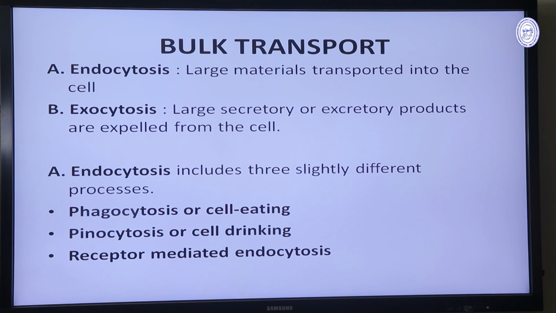And when a large amount of secretory or excretory products needs to be expelled from the cell, it is called exocytosis. Endocytosis is of 3 types: phagocytosis or cell eating, pinocytosis or cell drinking, and the third one is receptor mediated endocytosis.